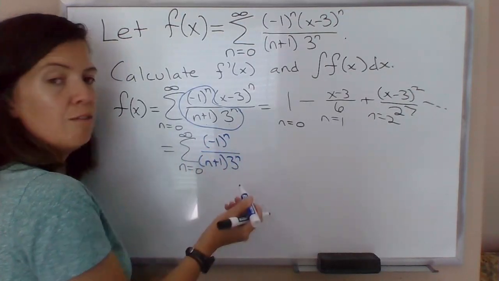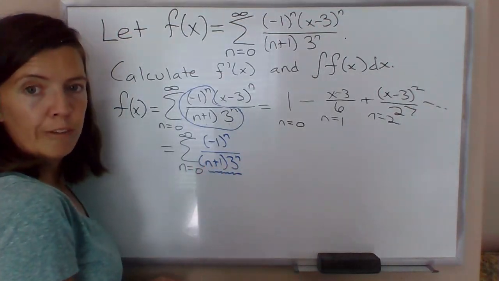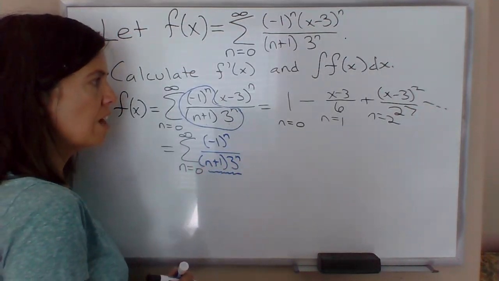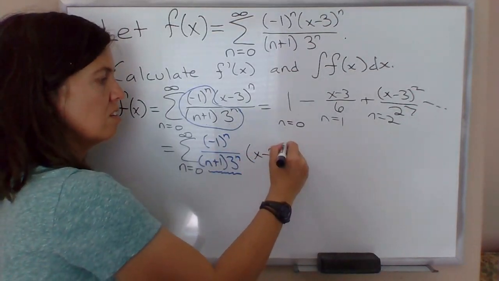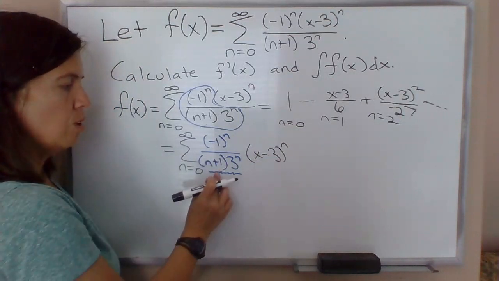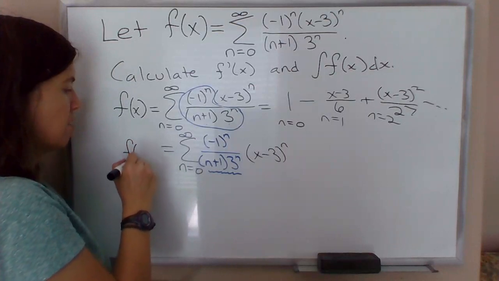All this stuff that does not involve x is a formula that's generating your coefficients in your polynomial. Think of it that way. Times your power of x minus a. So in this case, x minus 3 to the n. So here's your coefficient, here's your power of x. Read it like that. This is f of x.